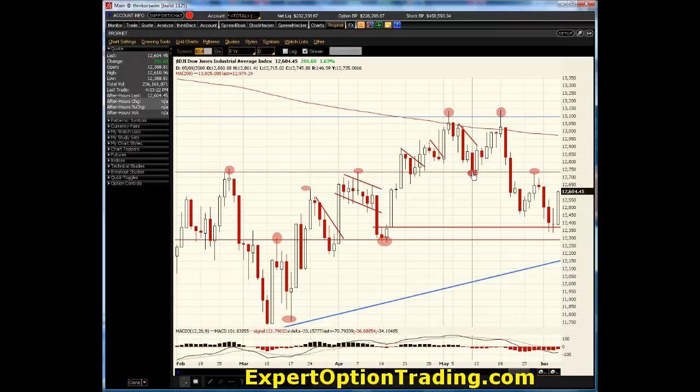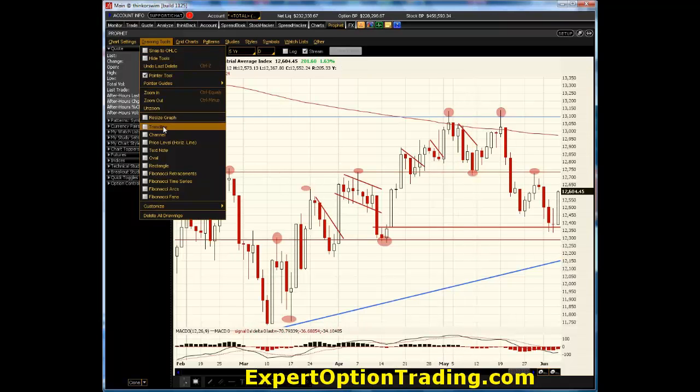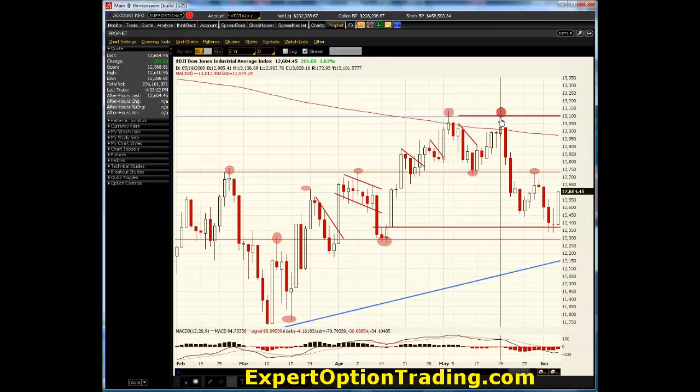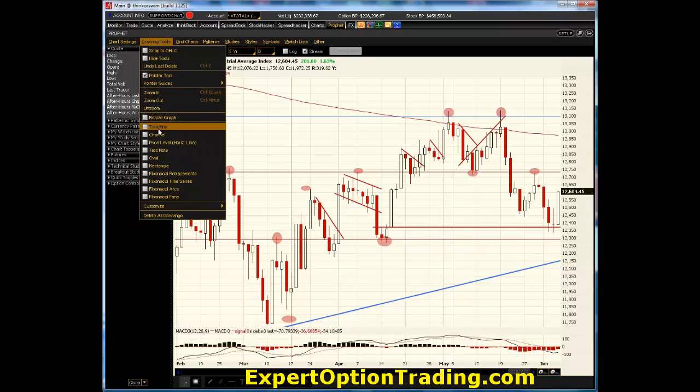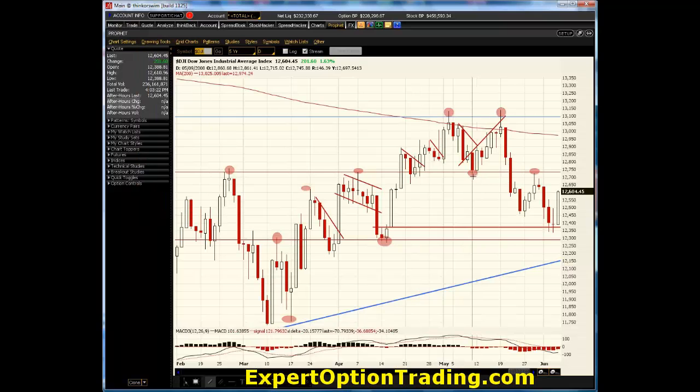Prices declined here, but then formed, and then formed a flag. Right here.